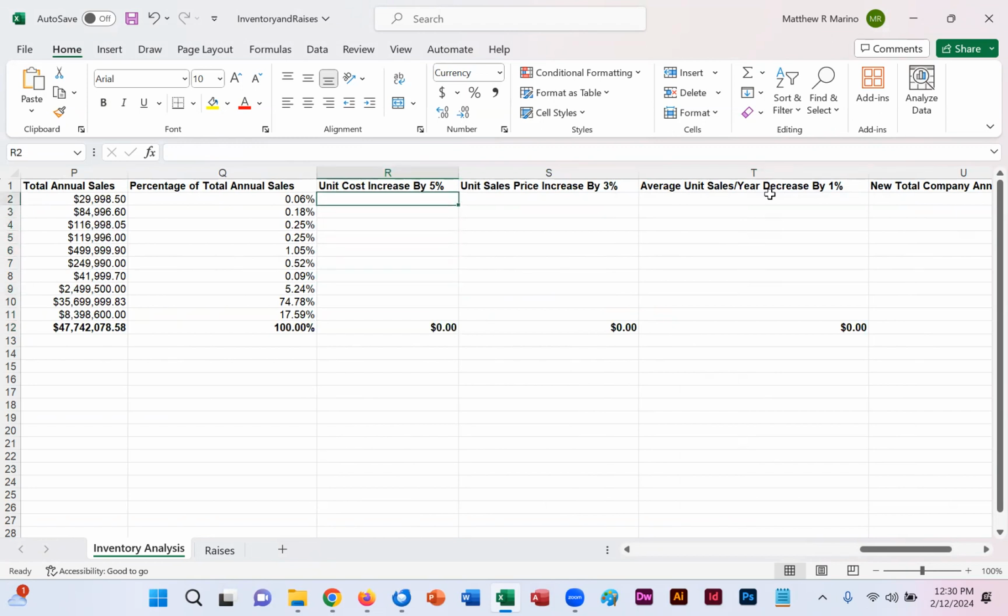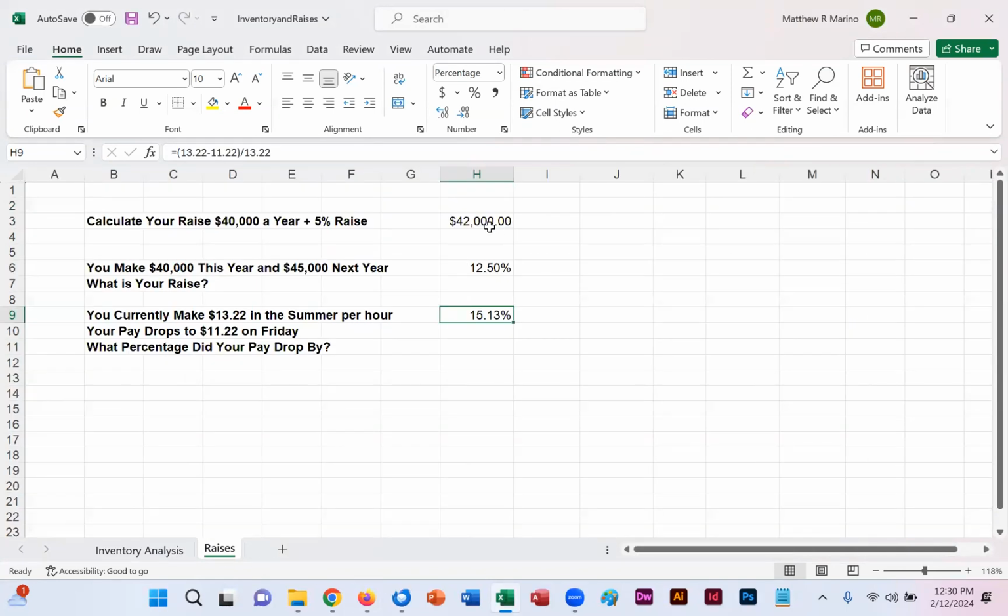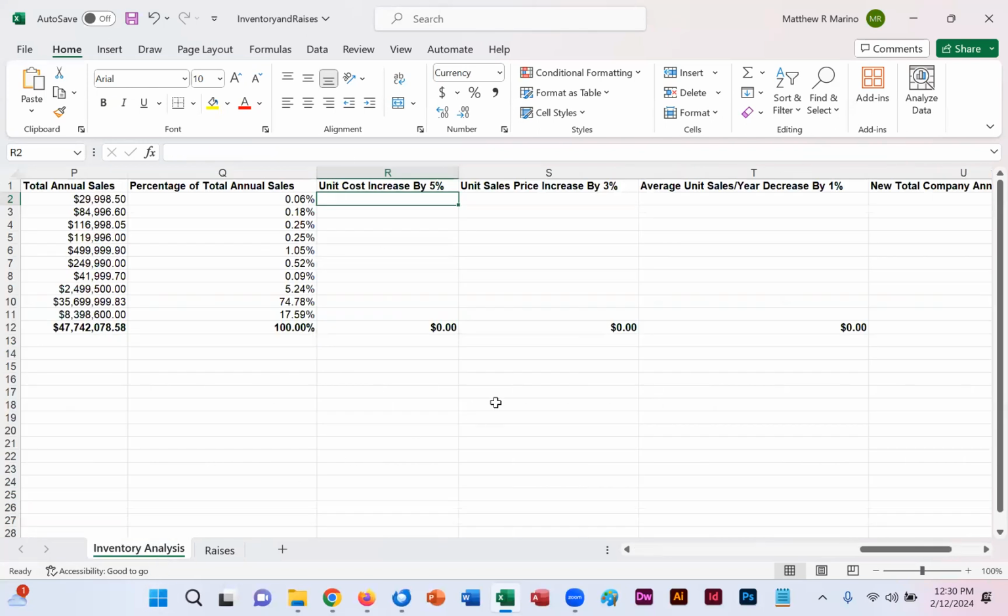So next, we're asked to increase our unit cost by 5%, increase our sales price by 3%. So we do just like we did with our first question in the raises. We do equals, our unit cost was in column C, times 1.05 to represent that 5% increase.